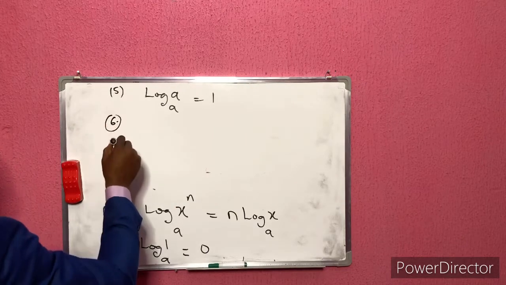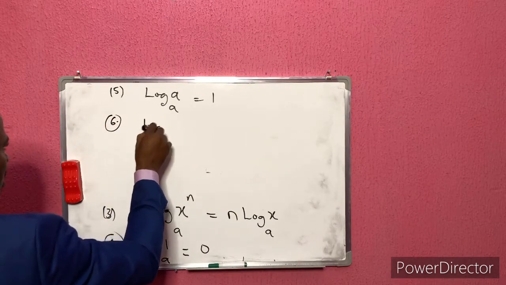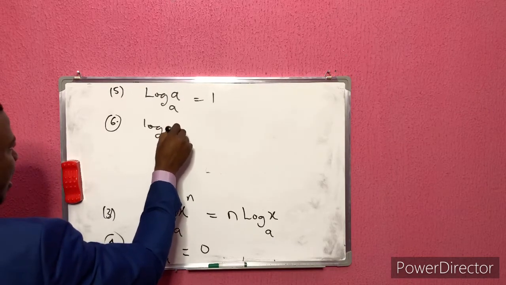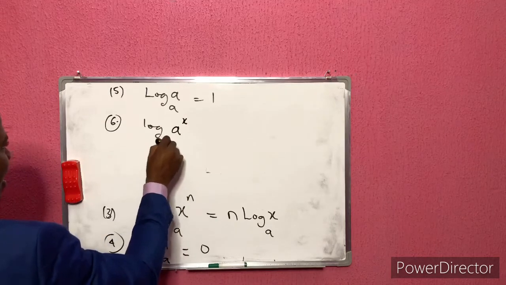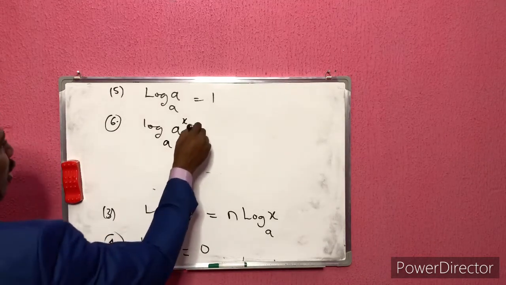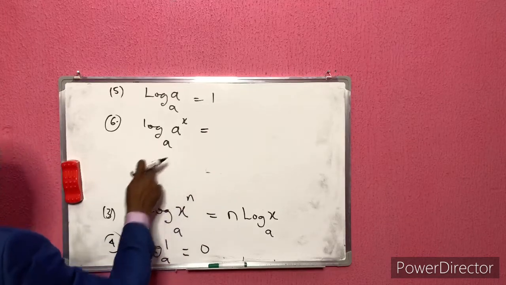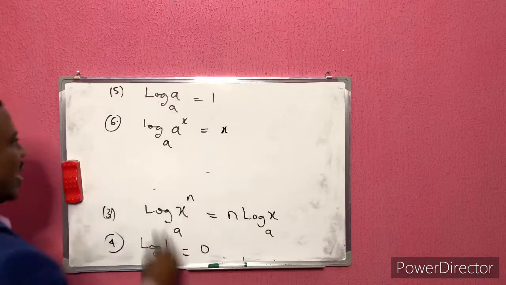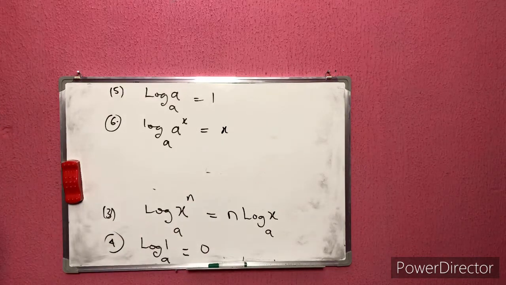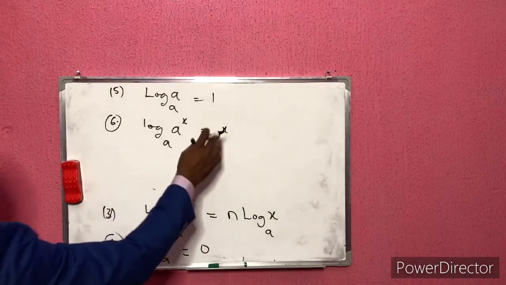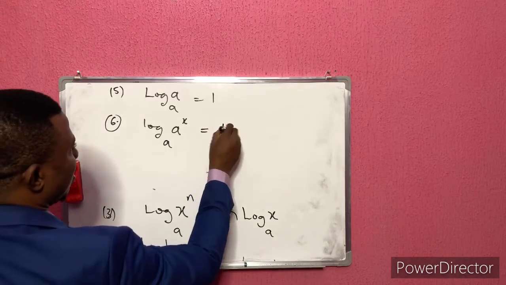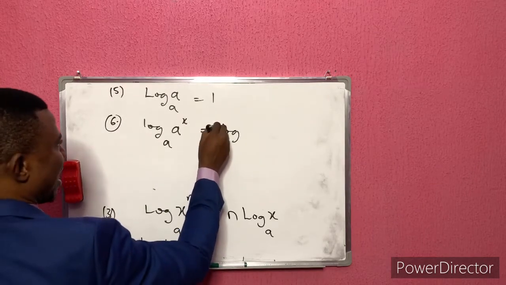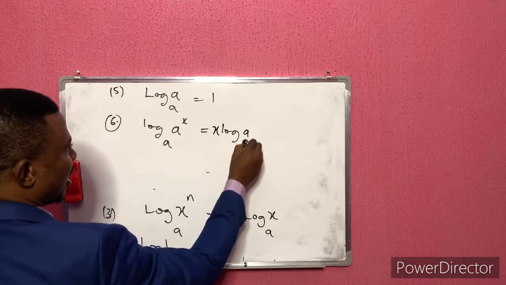6. Logarithm of a to the power of x base a. If a log and its own base are the same, then the power of the log is the value, because when the power goes to the front, as we know, you have x log a.